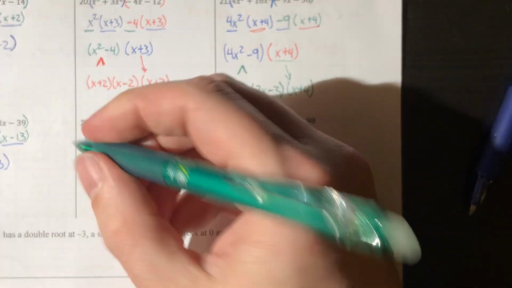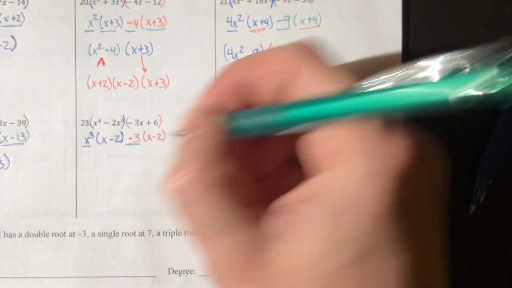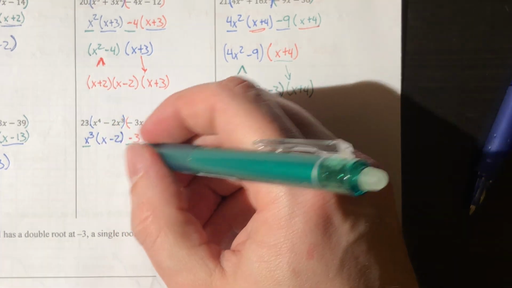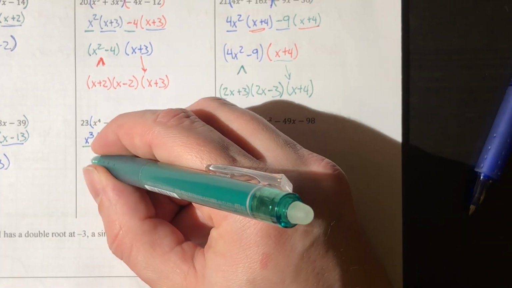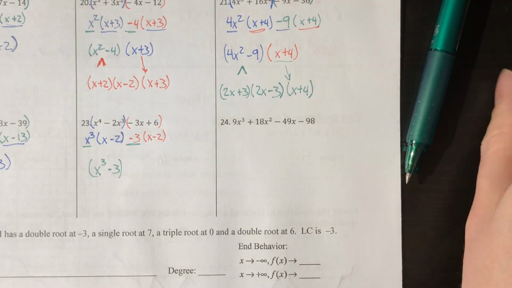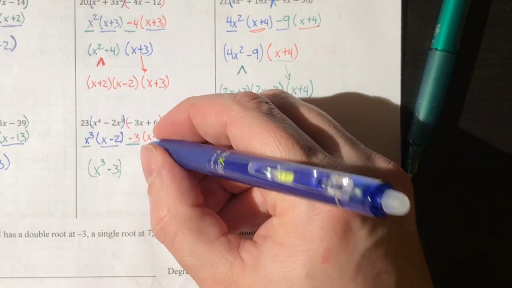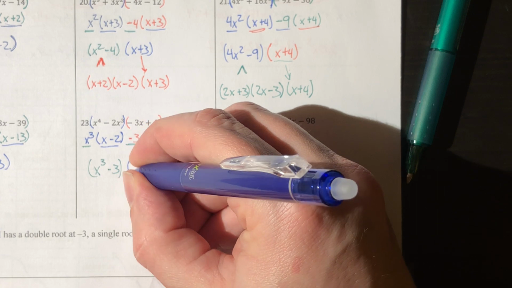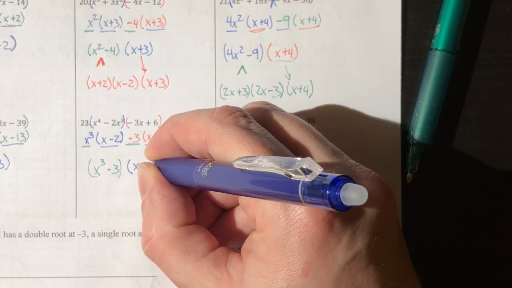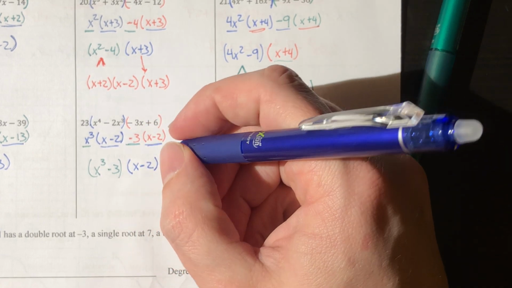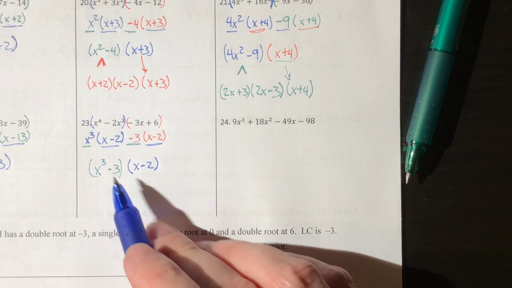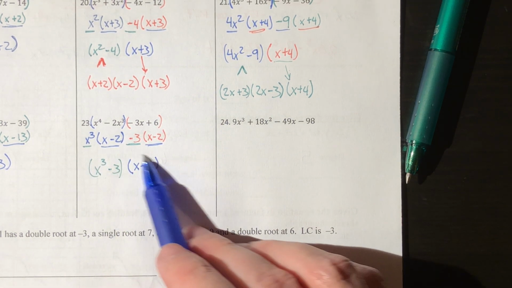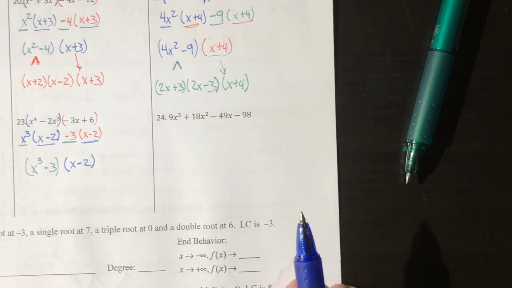One of my factors is what I factored out from each of those, so x cubed minus 3. The other factor was what had remained, x minus 2. And again, this is not a difference of cubes, so this is it fully factored.